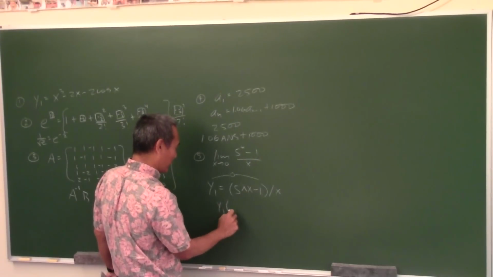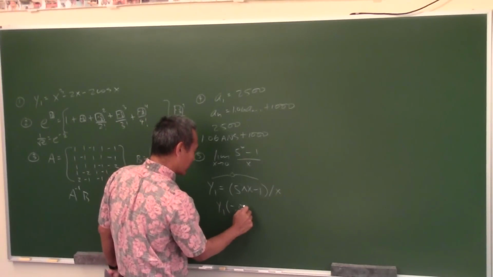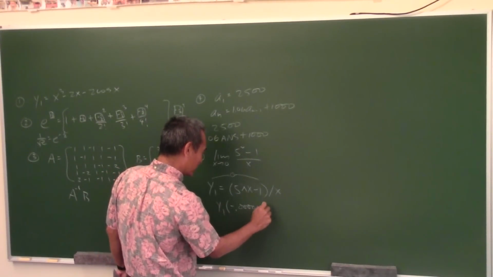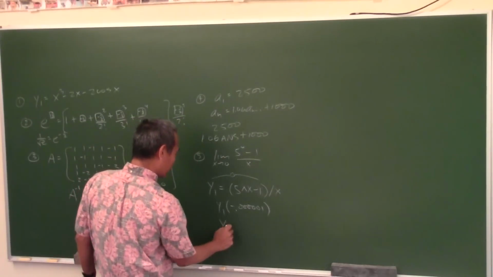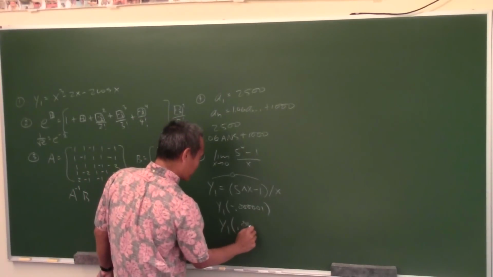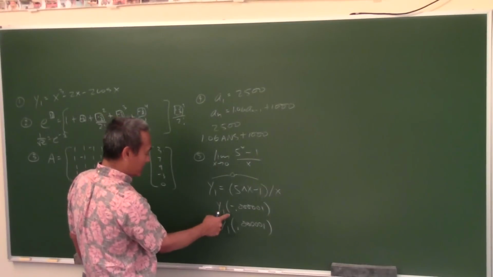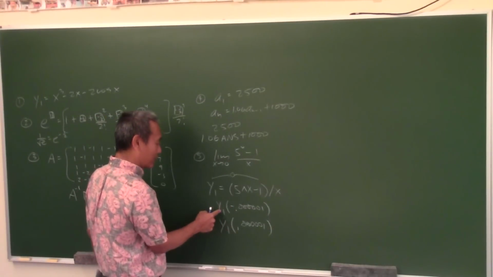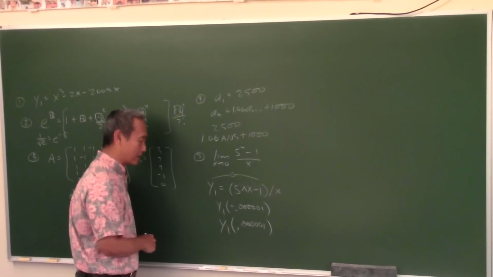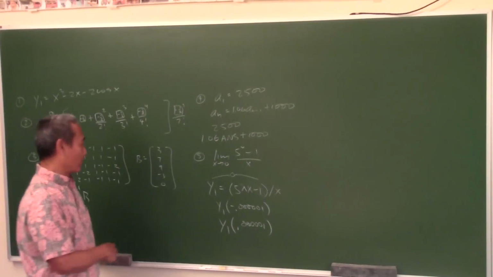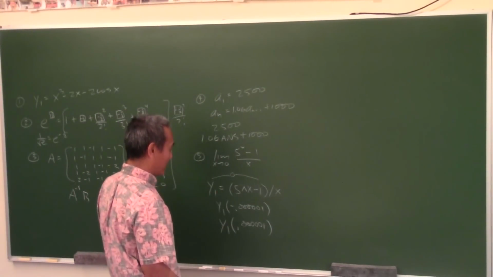So what you do is you plug in negative 0.000001. And then you punch in 0.000001. See, what this does is it plugs these numbers into that function if you have it defined on your calculator, right? Or you could just punch it in like this, it doesn't matter.